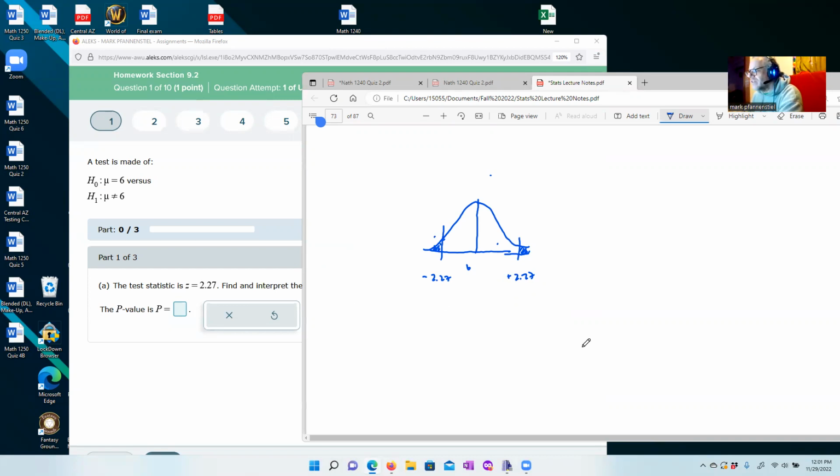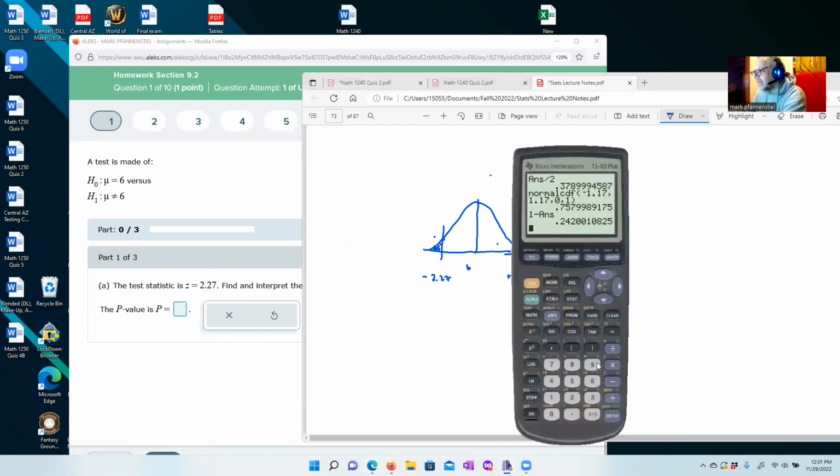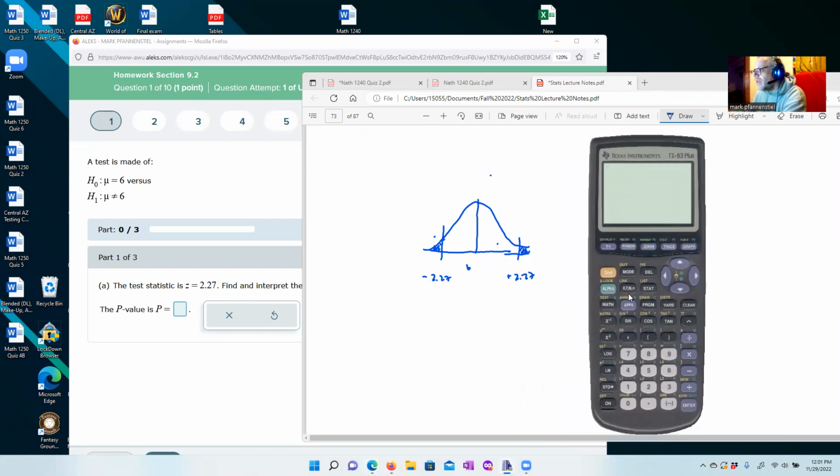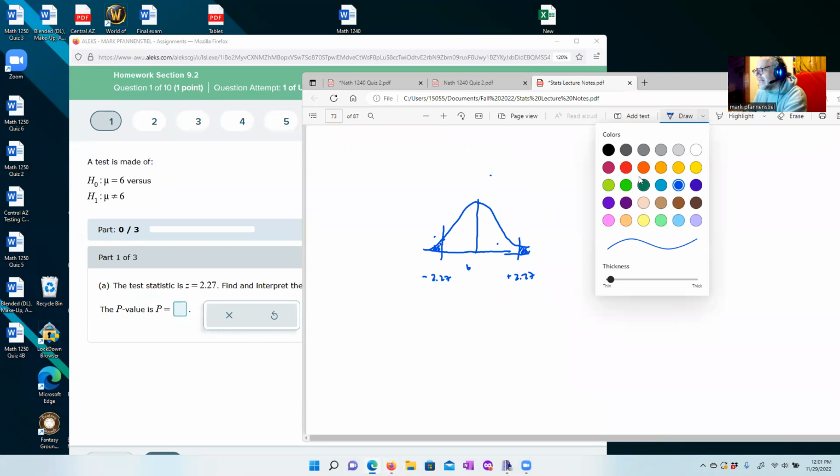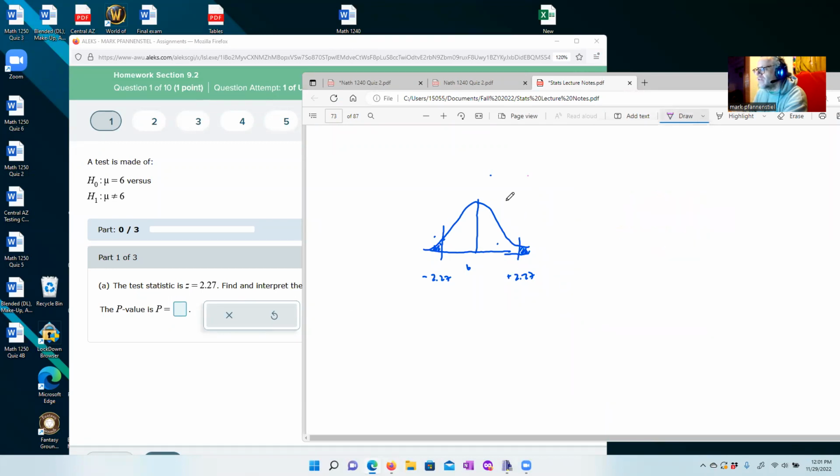So how do we do this in a calculator? There's a couple of ways we could do this. I want everything except for the stuff that is between these two spots.